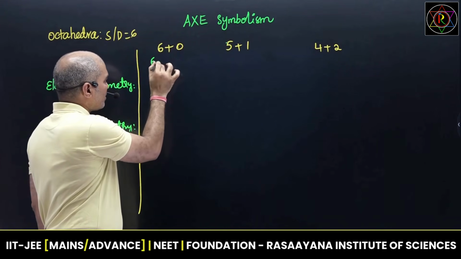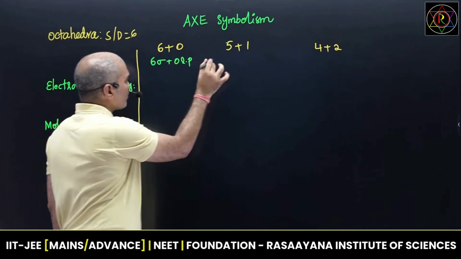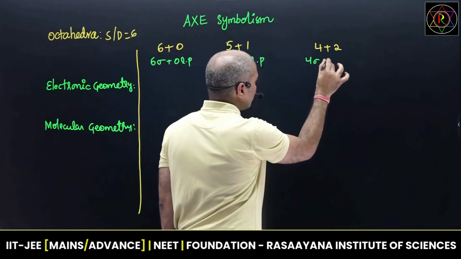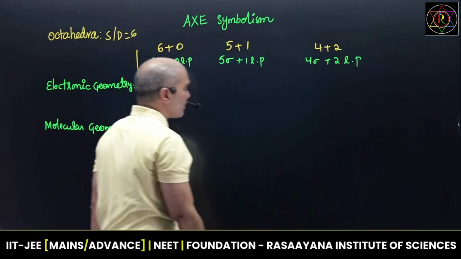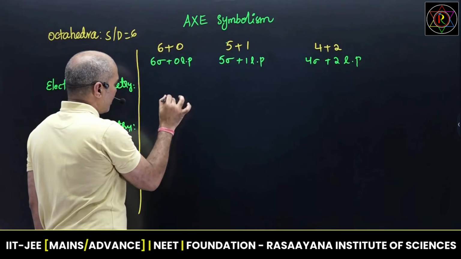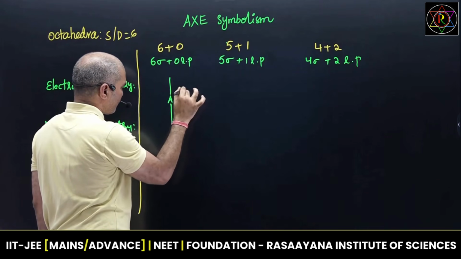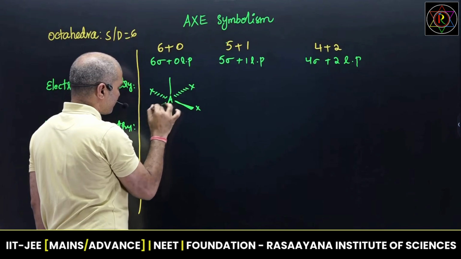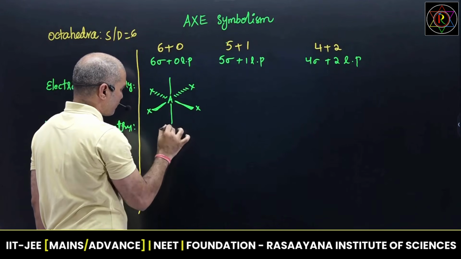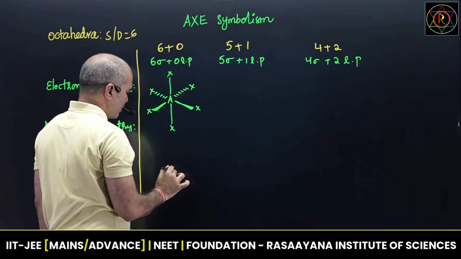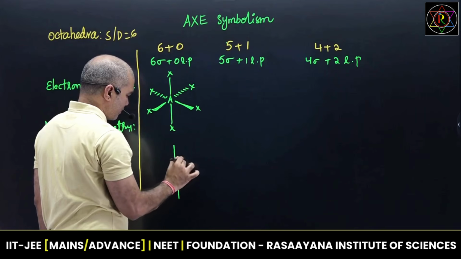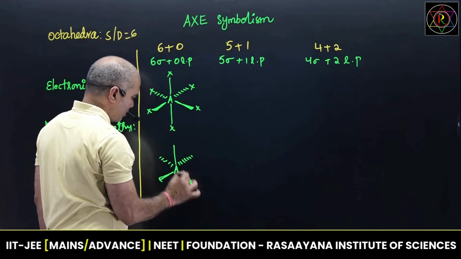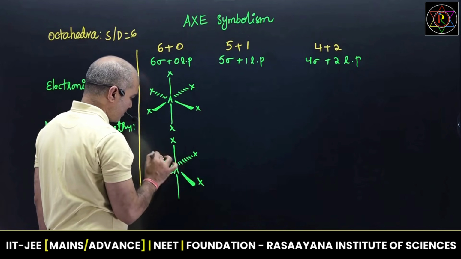So here there are 6 sigma and 0 lone pair, 5 sigma and 1 lone pair, 4 sigma and 2 lone pairs. Octahedral geometry A, this is octahedral geometry. Both electronic as well as molecular geometry remain the same.